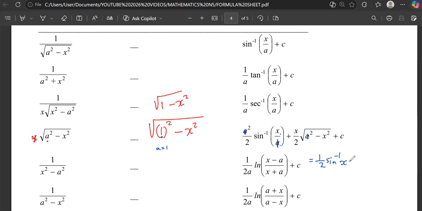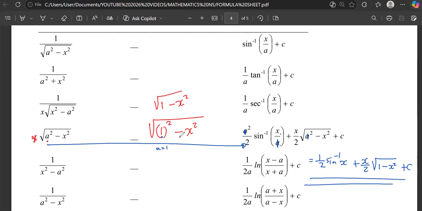So that's arc sine of x plus x over 2 the square root of 1 squared, which is 1, minus x squared plus c. So this is it. From this formula, a is 1. So simply put a, which is 1. So this is the answer that you're going to have here on this integral.